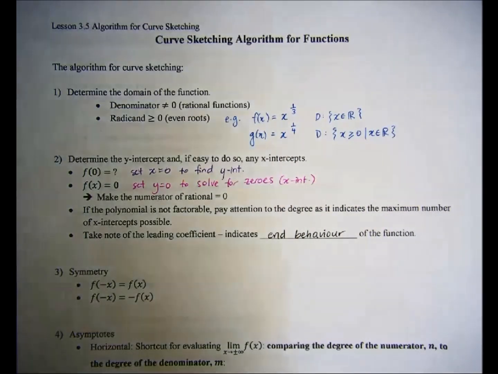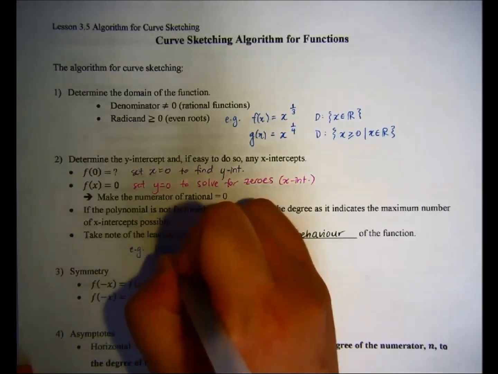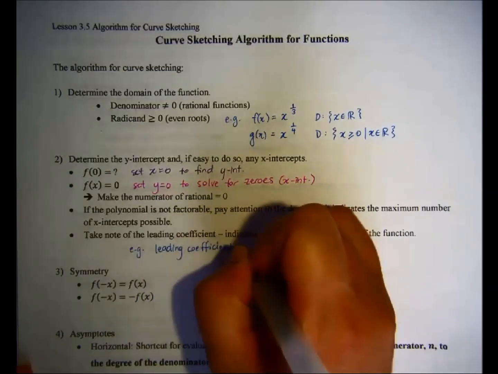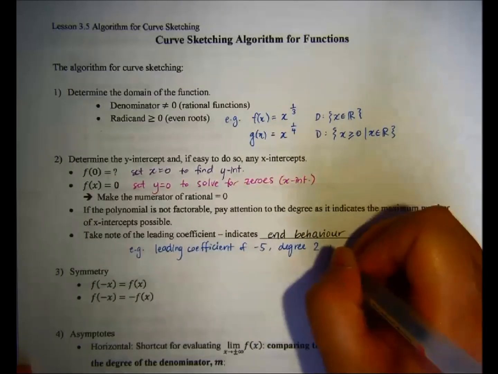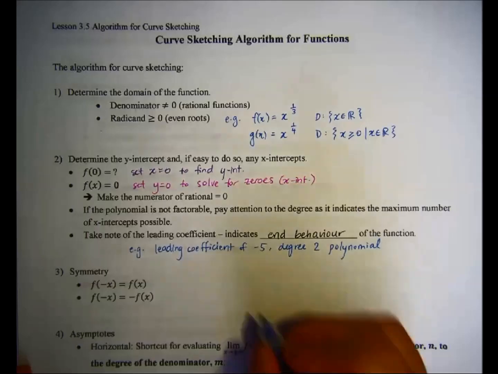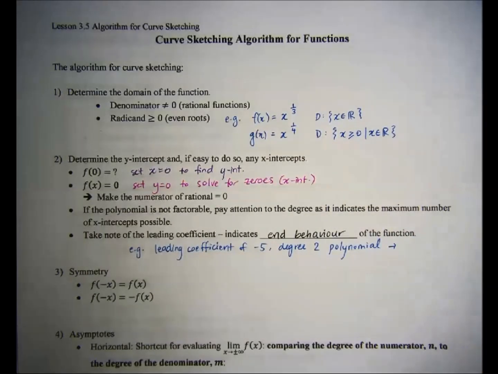So, for example, if you have a leading coefficient of -5 and it's a degree 2 polynomial, then we know that the end behavior is going to be from quadrant 3 down to quadrant 4.